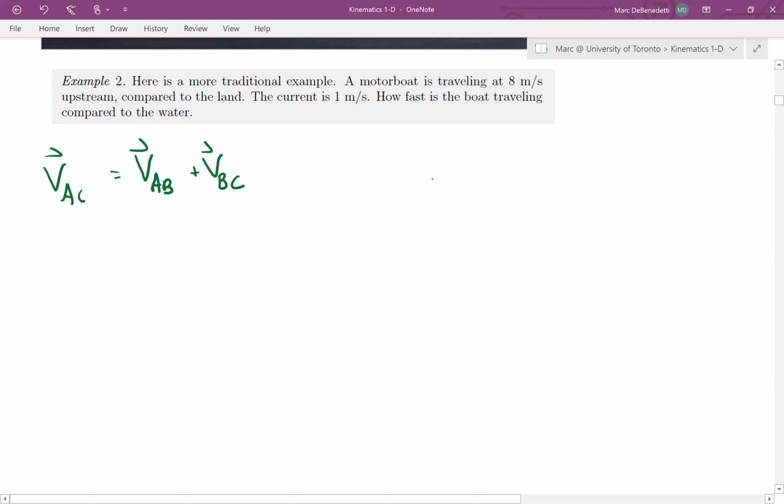And in high school math, they teach you this equation by saying, if you have a point A, I'm going to call it the origin, and you have a point B, let's call it here, and let's say we have a point C there. Then say we have a vector AB, and we have a vector BC.